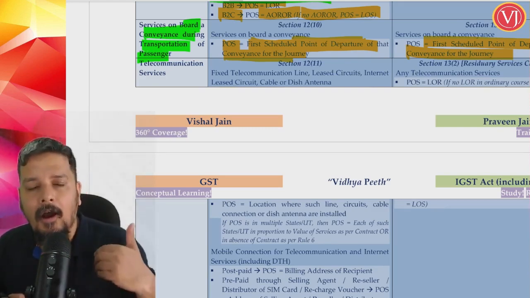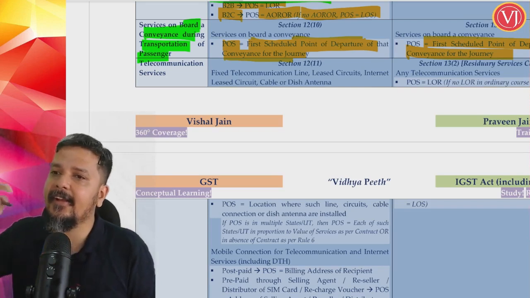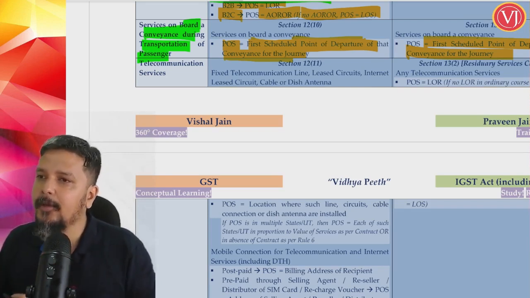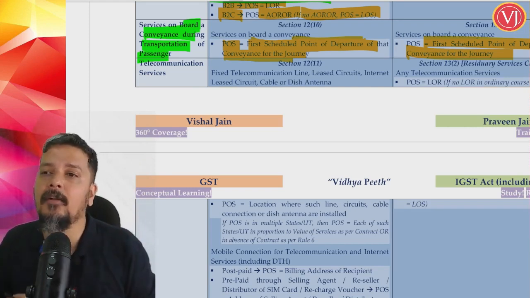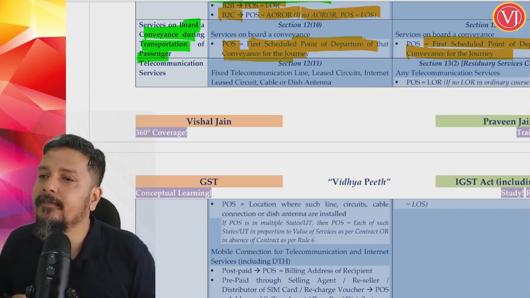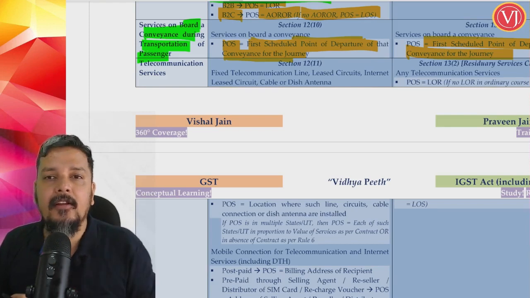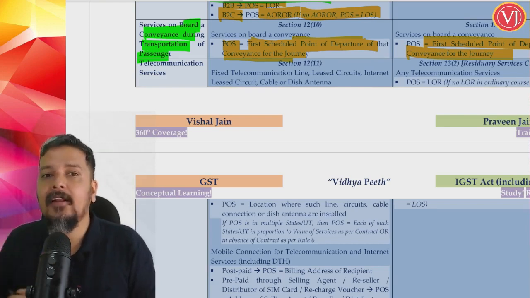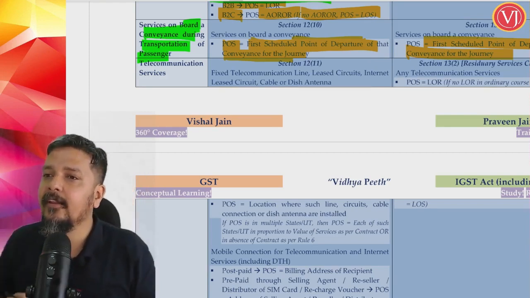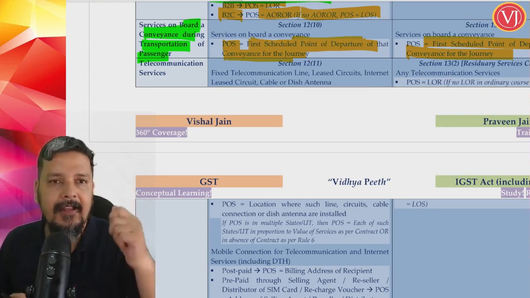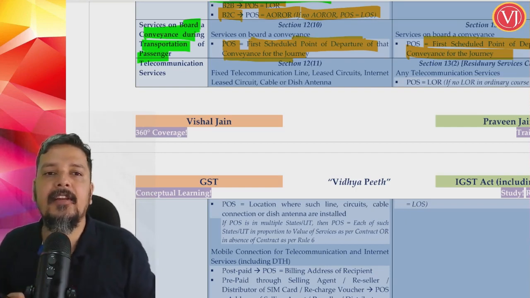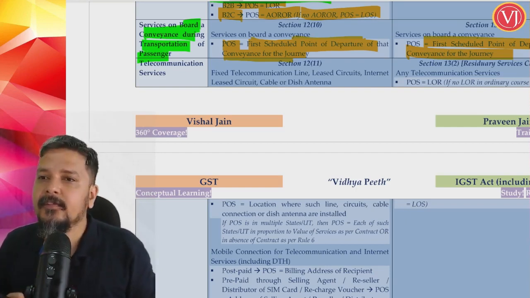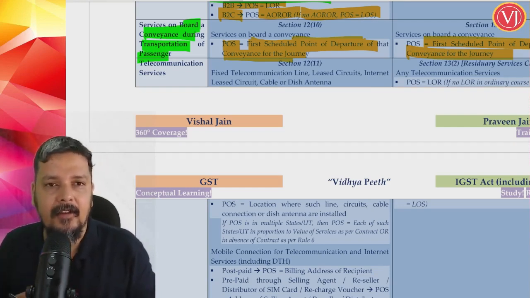But for all these passengers, whether they entered the conveyance in Coimbatore or Bangalore or Mumbai, if they have taken the services on board a conveyance, POS will be... see, for their travel, POS is different. For their ticket, POS is different. For their travel, POS, if it is B2B, is location of recipient. If it is B2C, it is the place where we are entering the conveyance for continuous journey.